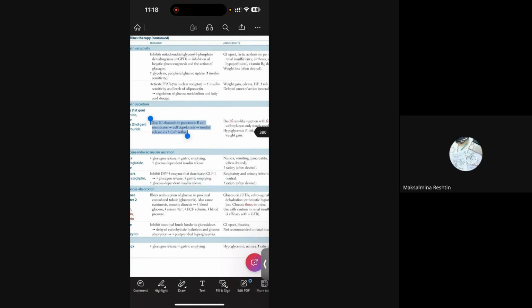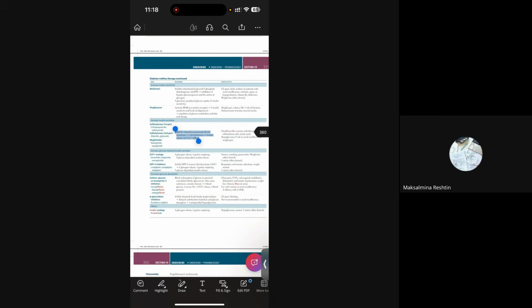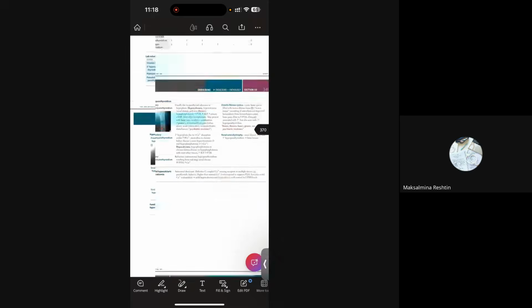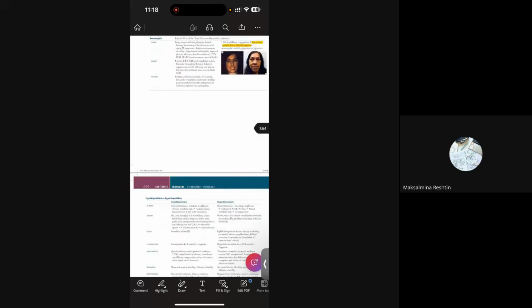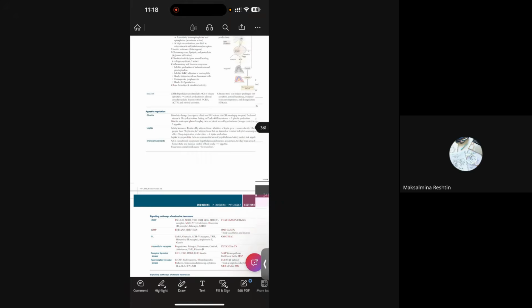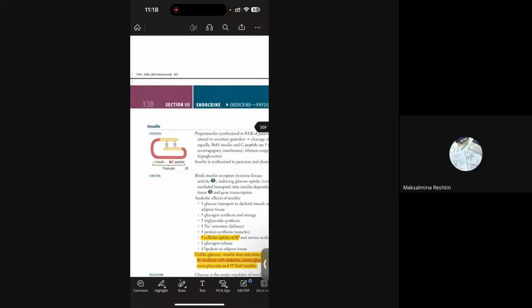Because it is endogenous insulin which is being released, whenever endogenous insulin is secreted into the blood, C peptide is also secreted with it. Sulfonylurea increases endogenous insulin levels; there is no exogenous insulin.